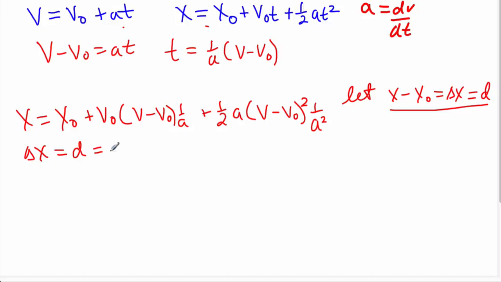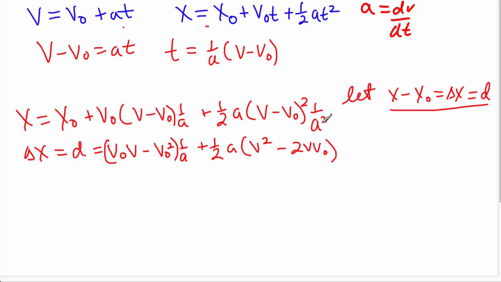Now let's go ahead and distribute this. So v0 v minus v0 squared times the quantity 1 over a, plus 1/2 a, and let's square this: v squared minus 2 v v sub 0 plus v sub 0 squared, all over a squared again.